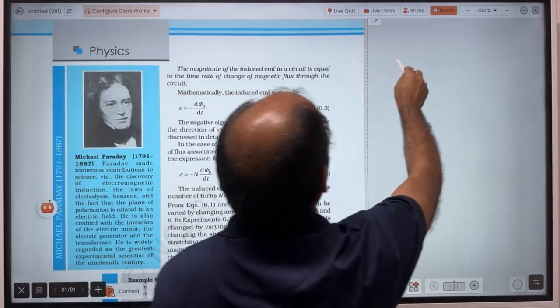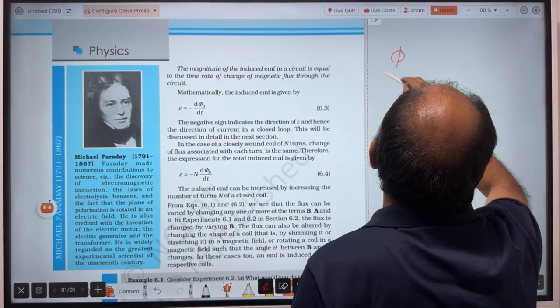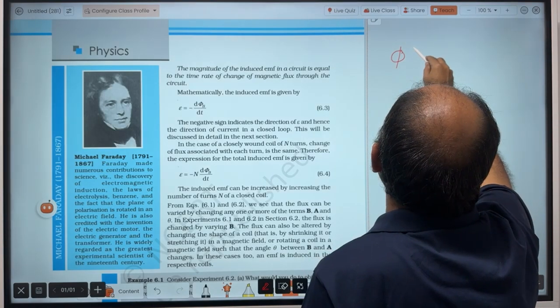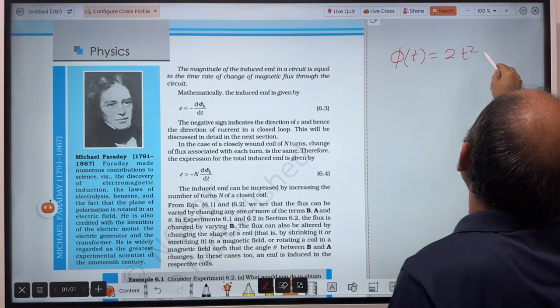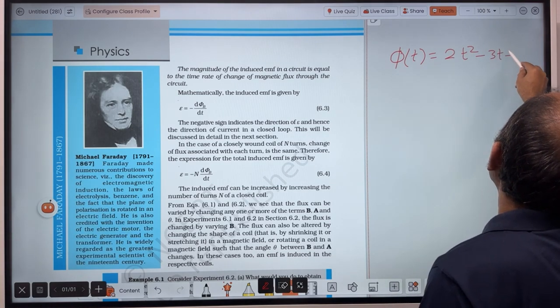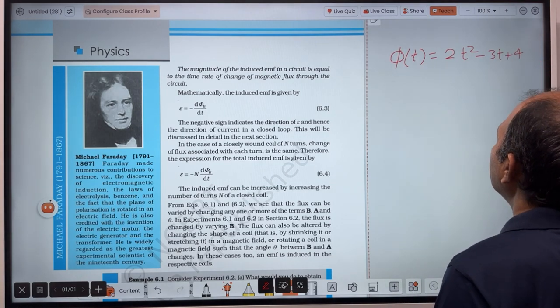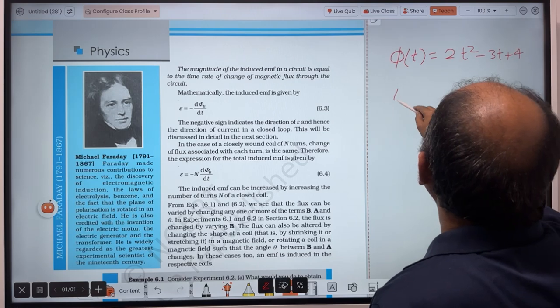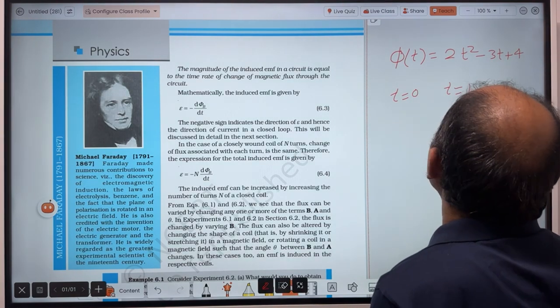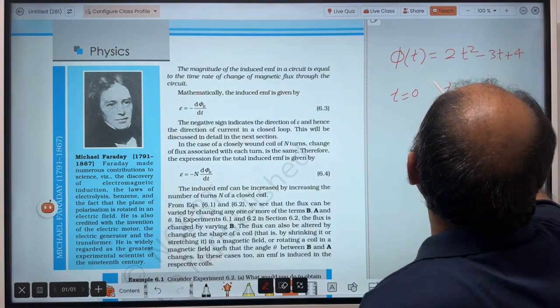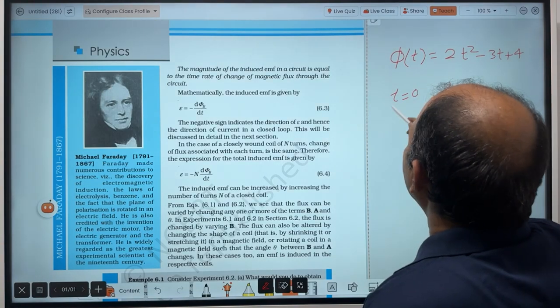You can understand it this way: suppose we write the equation of flux, phi as a function of t, is 2t square minus 3t plus 4, right? And suppose time is t equal to 0 and t equal to 1 second. During this time, let's see what the EMF is.